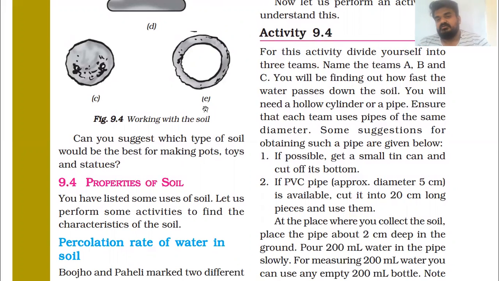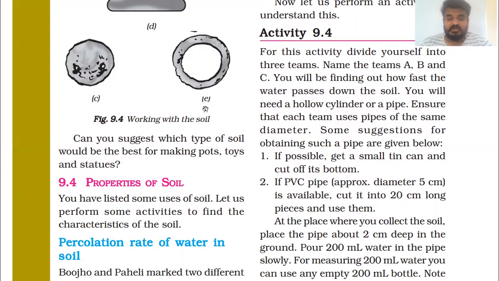So simply we can say we are just reusing the tin. If a PVC pipe of approximately 5 centimeter diameter is available, cut it into 20 centimeter long pieces and use them.